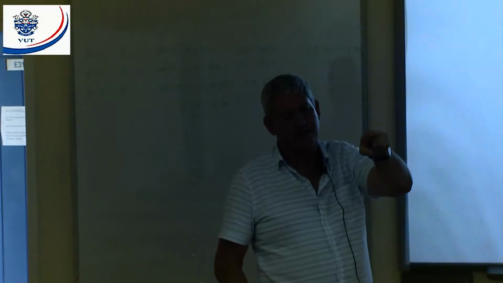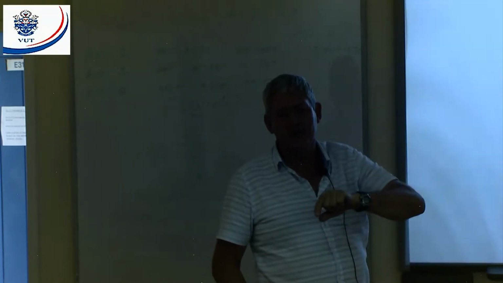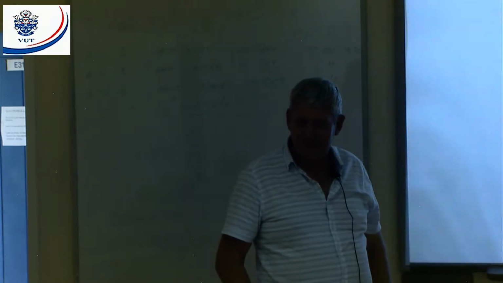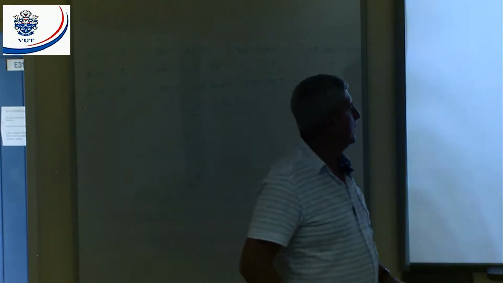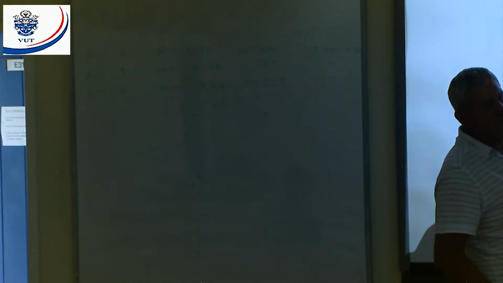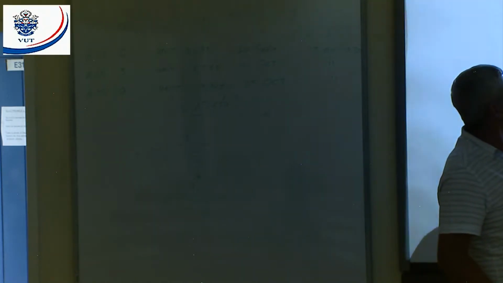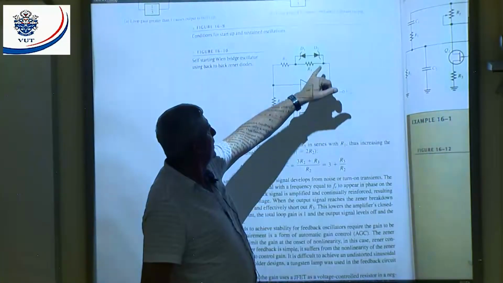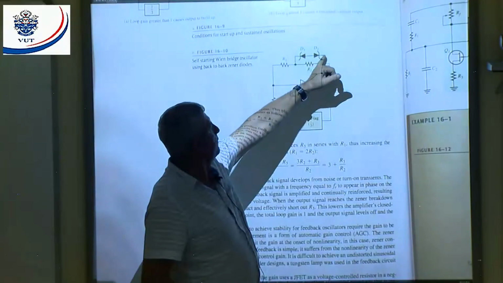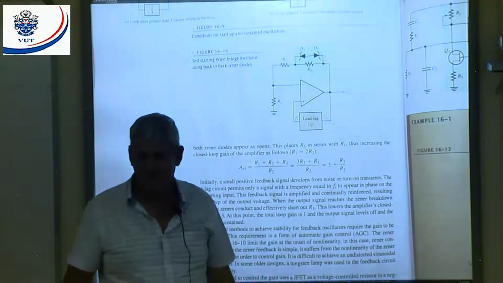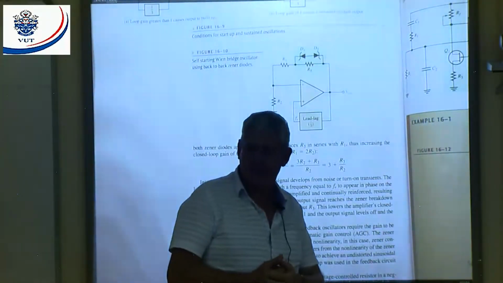That means if there's only one, it will only work for one cycle, not for the other cycle. Because if the output is positive, that Zener diode will be reverse biased and that one will be forward biased. For the negative cycle, this one will be forward biased and that one will be reverse biased. All right. That's why we use two Zener diodes.